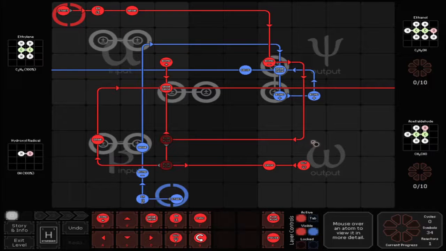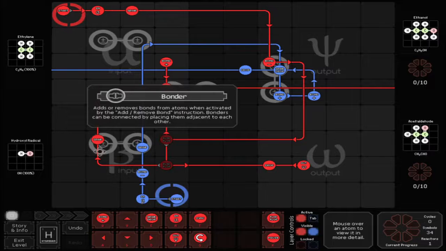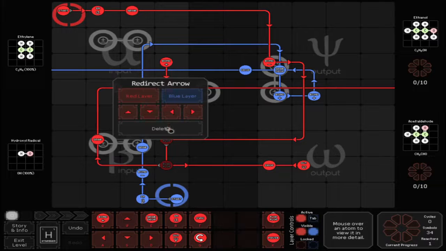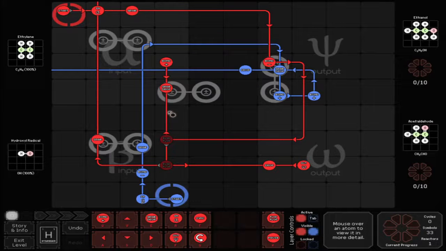Wait. I don't really have to clear this hydrogen away at all, do I? No, because I realize, let me shorten up red's track.